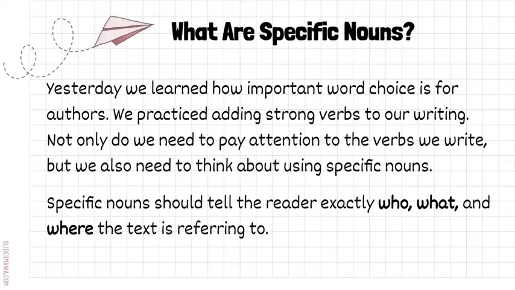Otherwise, you're going to have a reader who's going to be getting confused because they're not going to know what you're talking about sometimes. You probably know what you're talking about because it's your story. You were there. You're the one who's writing it. But since you know your story so well, sometimes you might not realize that you're forgetting little pieces of really important information in those stories.